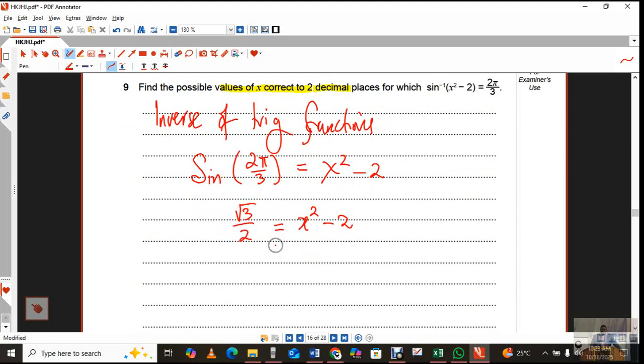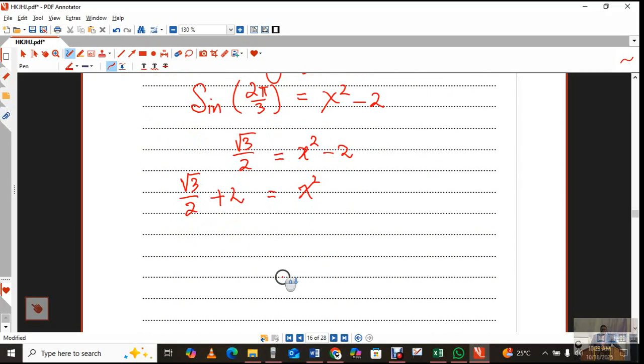So it gives us that x squared is going to equal root 3 over 2 plus 2. Now x is going to equal the positive and negative square root of this business here, root 3 over 2 plus 2.